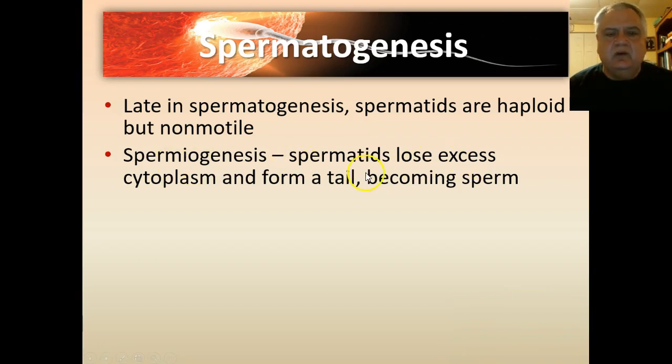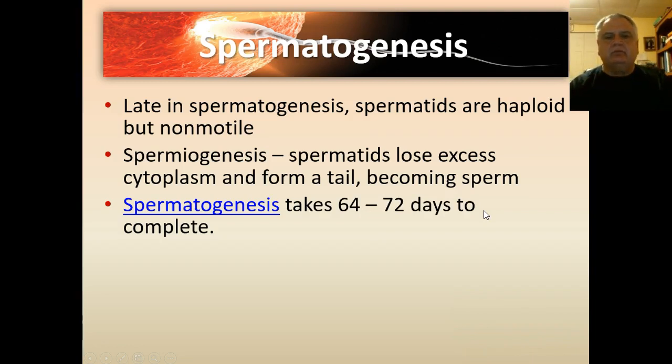During spermiogenesis, the spermatids, as they mature, will lose any excess cytoplasm that they have, and they'll form a tail. That tail will begin to be active and wave back and forth, acting almost like an outboard motor that'll allow the sperm cells to become active and motile. And now they become mature sperm cells.